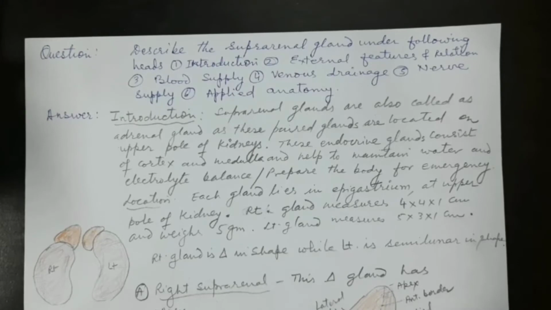There are corticosteroids, then there will be aldosterone, there will be some sex hormones. So multiple hormones are secreted by the adrenal cortex or suprarenal cortex, and they help to maintain mainly the electrolyte and water balance of the body. These hormones are directly released into the bloodstream or sinusoids of the glands.